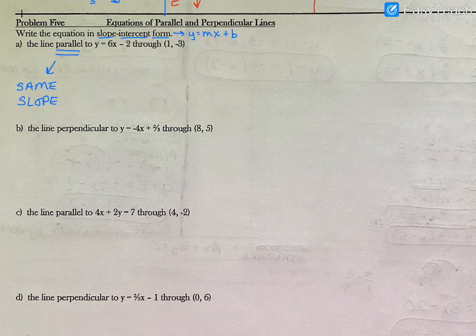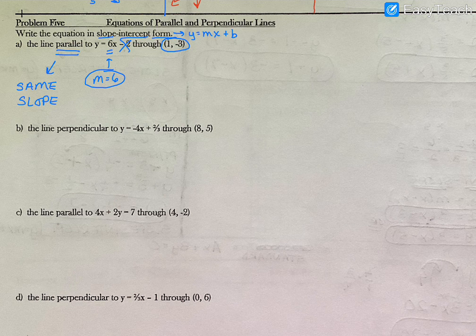Now, as we look at the given line, can you tell me the slope? You should be able to, because notice it's in y equals mx plus b form. So this means the slope of the given line is right there. Slope is 6. m is 6. So that's the slope we're going to use on this problem. That minus 2 in the equation means nothing. It's just extra information we're not going to use. Because the other piece of information we're given is an ordered pair.